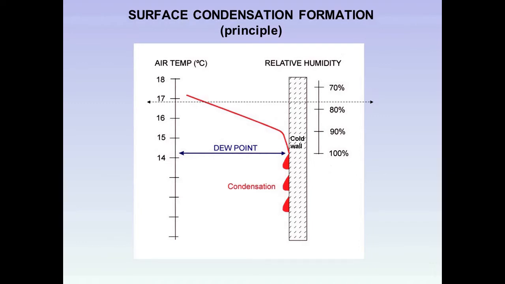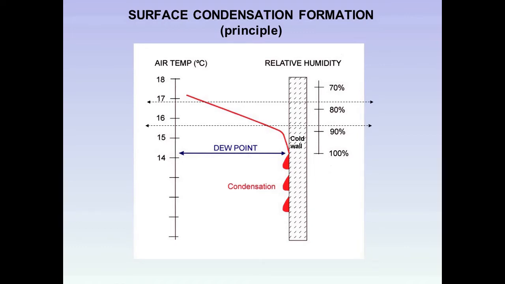However, as that air comes into very, very close contact with the wall, it's being cooled, our bucket is getting smaller, and at say 15.5 degrees we have the relative humidity increased to about 88%. And as the air gets cooler and cooler, following the red line down, we get to a point about 14 and a bit degrees where the air can no longer retain the water in it.